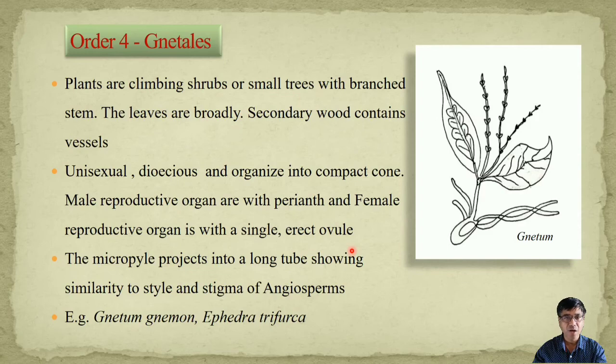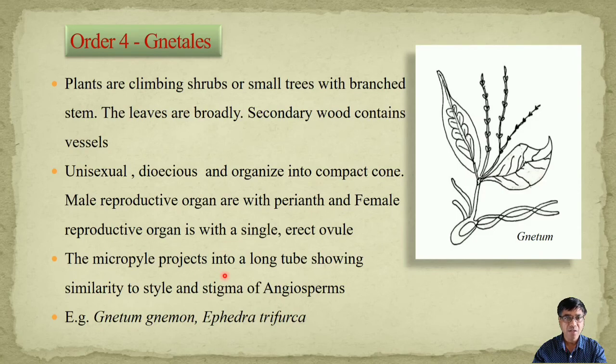Male reproductive organs are with perianth, and the female reproductive organ is with a single erect ovule whose nucellus remains surrounded by 2 to 3 envelopes.